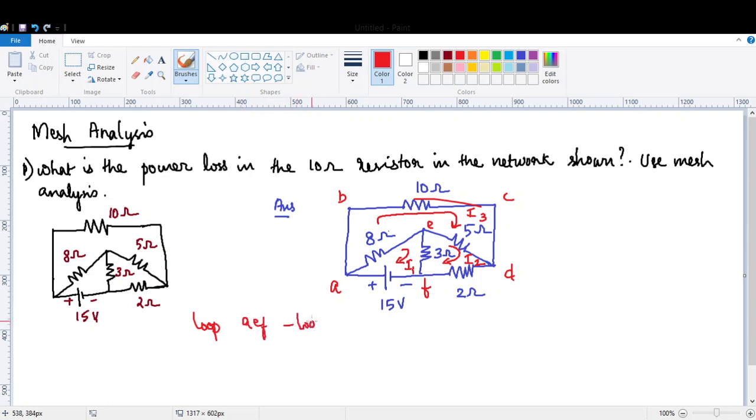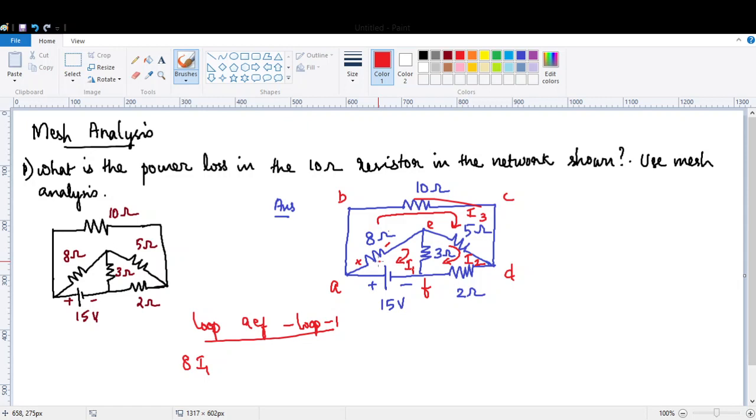For the first loop, loop one, the KVL equation comes like this: 8 into I1. Here, what we always consider is that current enters through the plus and leaves through the minus. For a resistor we don't have any positive or negative marking, but for easy calculation, we consider that the entering point is plus and the leaving point is minus.